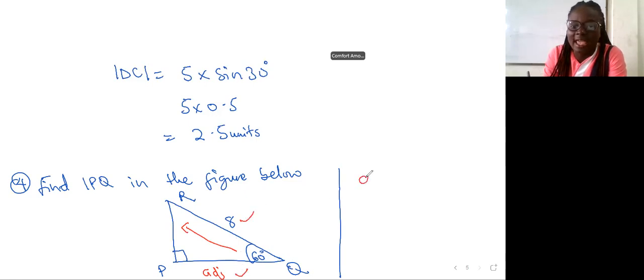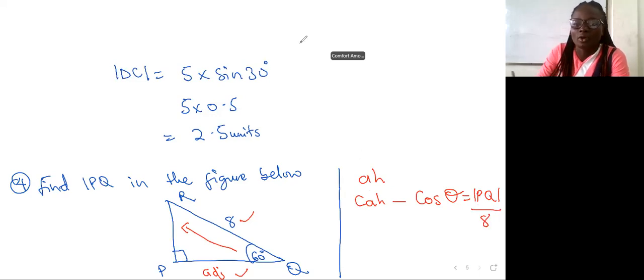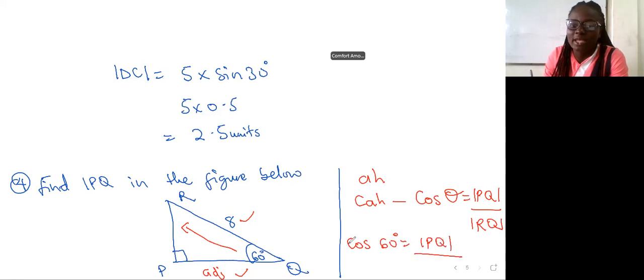Okay, so that is CAH, which is cos theta is equal to line PQ over 8, or over line RQ. Then we do a simple substitution. The theta has been given as 60 degrees. PQ is unknown and RQ is 8. So how are you going to find the PQ?